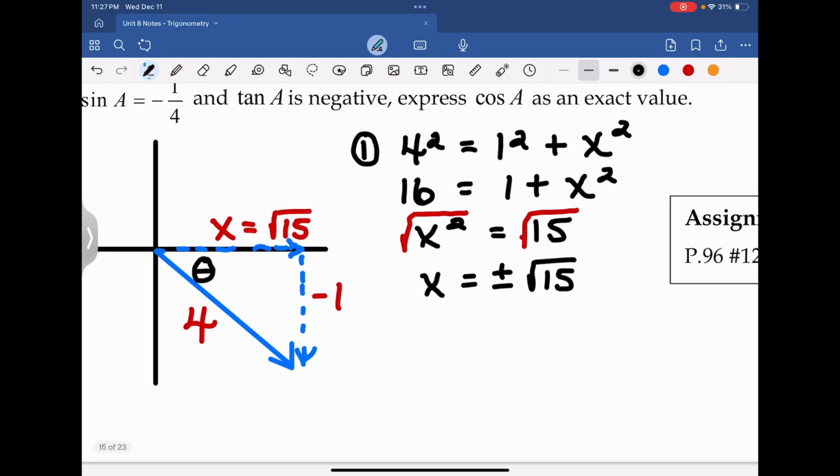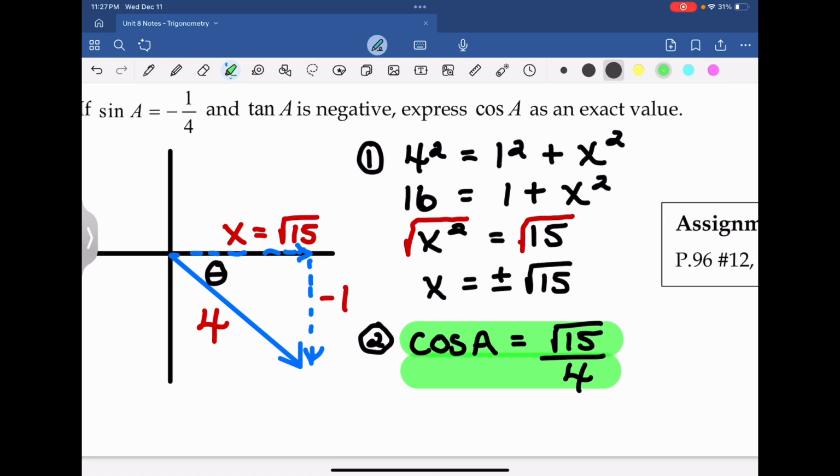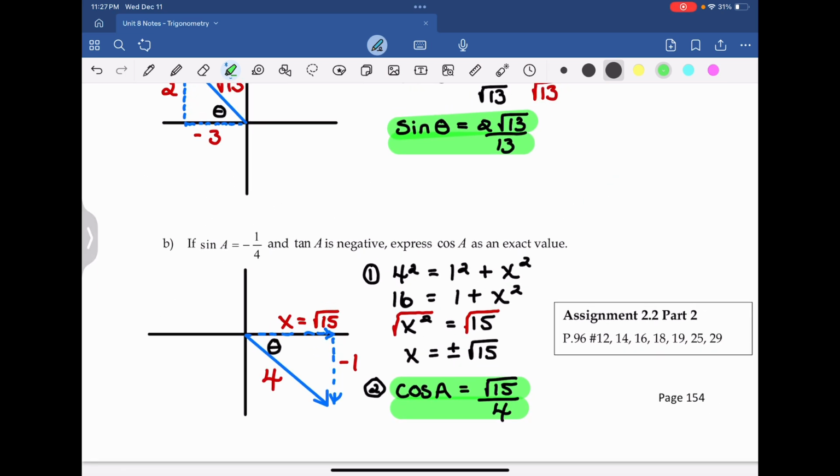Now, in terms of determining the cos value as an exact value, we write this as cos of that angle, which we don't know, is equal to the adjacent, which is square root of 15, divided by the hypotenuse, which is 4. There's our value that we're looking for: cos A has some sort of angle, but its exact value at that angle is root 15 over 4.